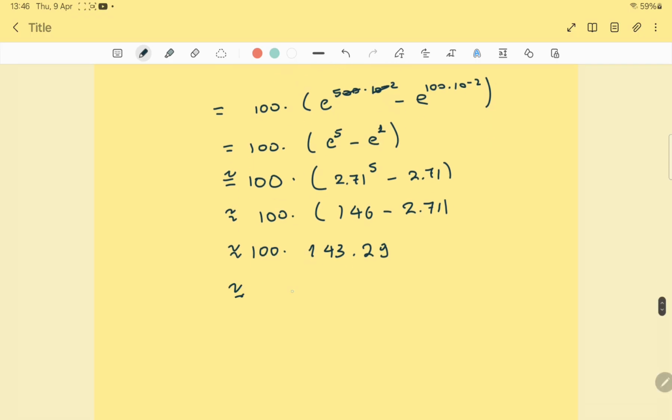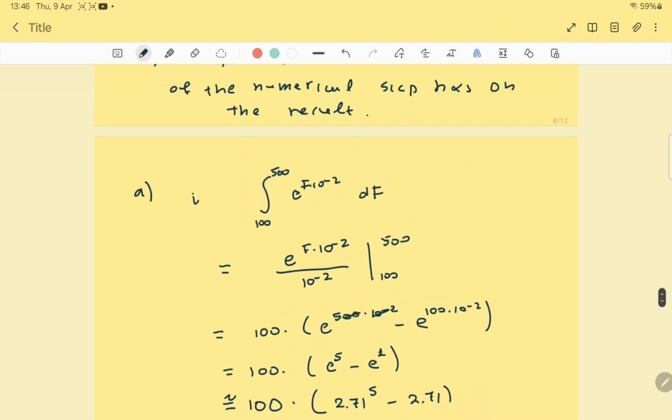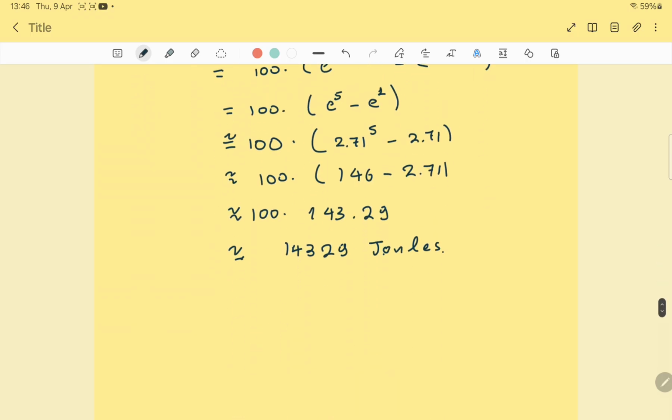So that's going to be 14329 joules. So this is the work done. It is going to be this value.